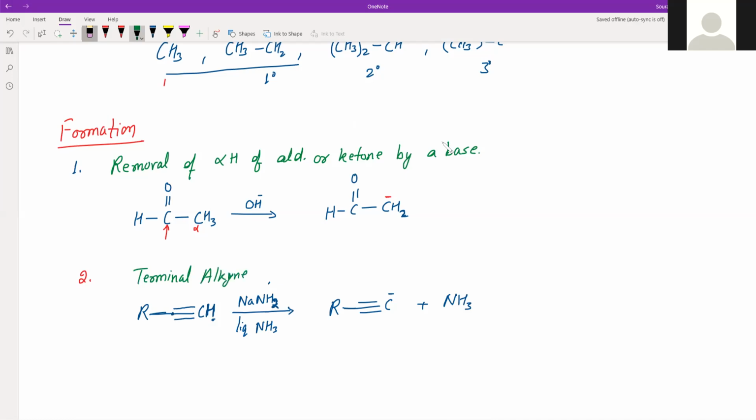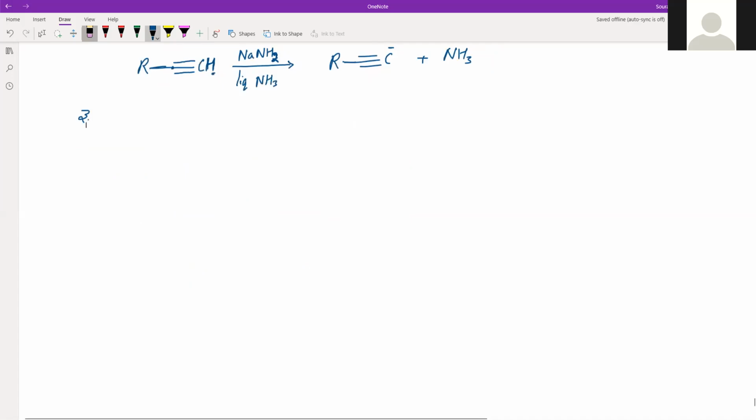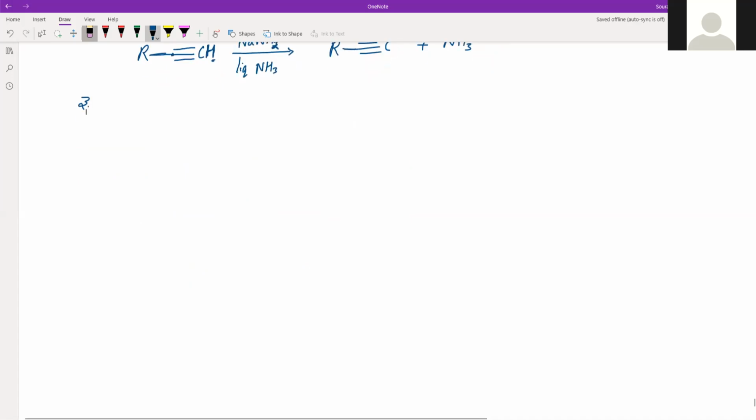Terminal alkyne means that the triple bond is at the end, terminal, right? So terminal alkyne plus sodamide. That is the second way or second method of formation of carbanions. We don't prepare carbocations or carbanions. It gets formed. So that's why here we have said formation of carbanions, not preparation of carbanions.